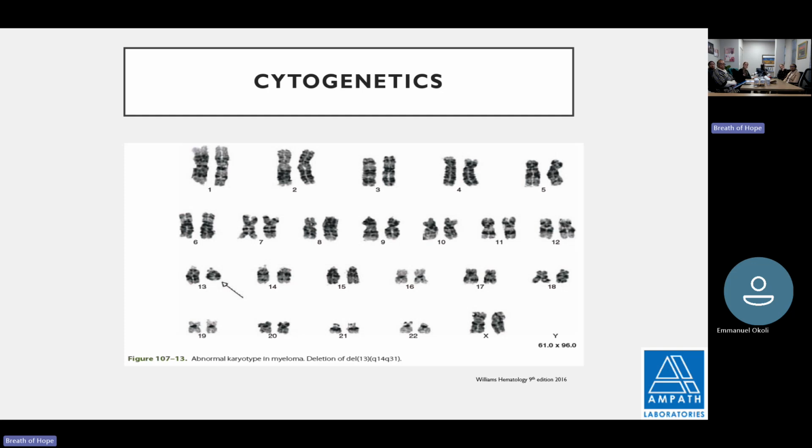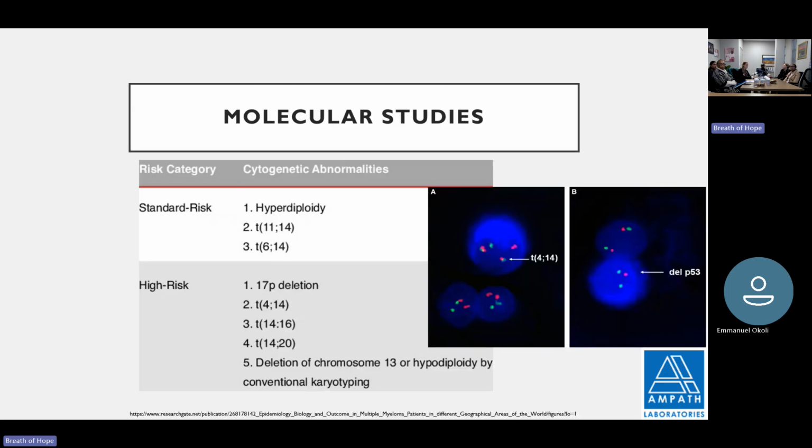In this patient, we can see there was a deletion of the small arm of 13, 13q. We can also build up a history of the patient, because these plasma cells have a risk of being sensitive to getting other mutations. It's nice to monitor these patients because they can get additional translocations in the future.